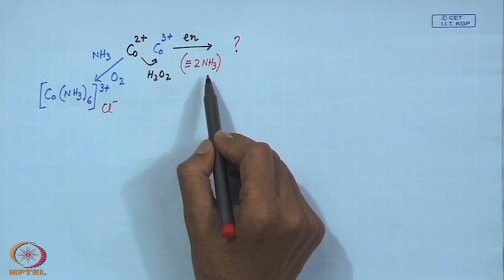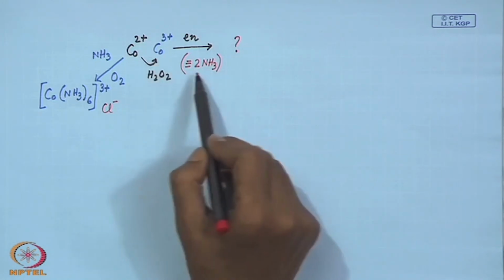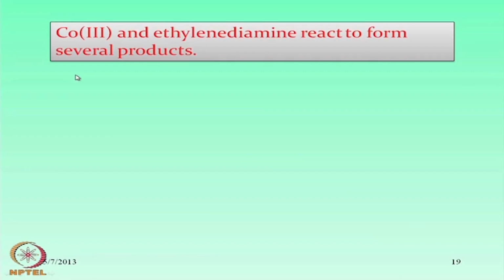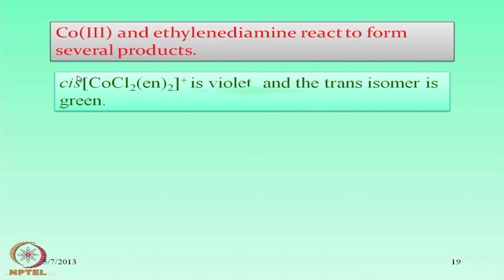But in this particular case, if we are lucky enough, we can get some compound where cobalt chlorine bonds are still present, which can give rise to one particular isomeric form. So we get the corresponding cis variety, where 2 ethylene diamine molecules are bound to the cobalt center and 2 chlorides are still there, which is violet in color, and the trans isomer is green in color.